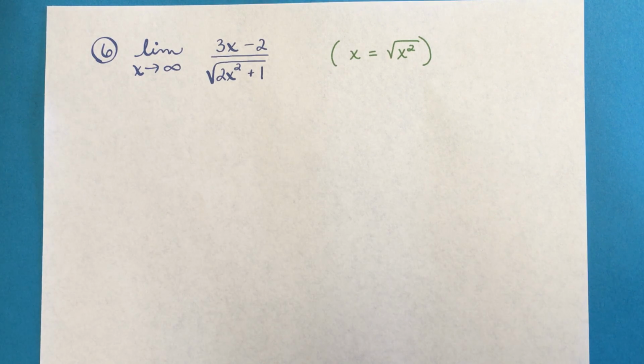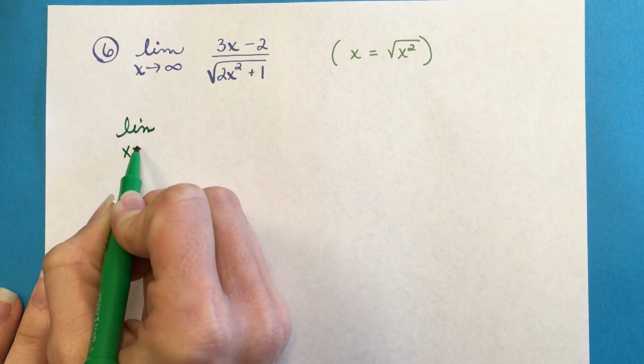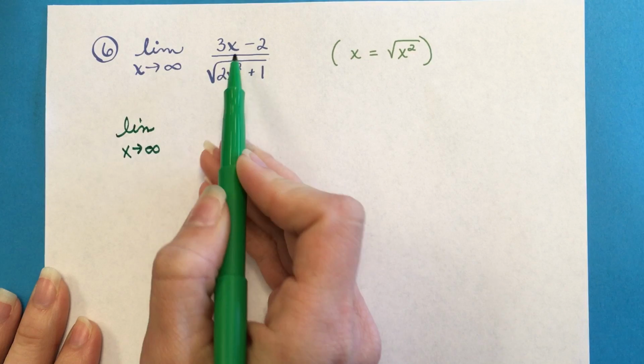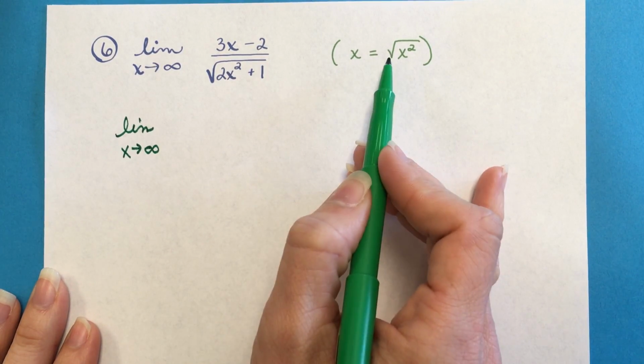You're still going to go through that process where you divide everything in the numerator and denominator by the highest power of x. On the top, you're going to divide everything by x. Remember, these two things are equivalent to each other.